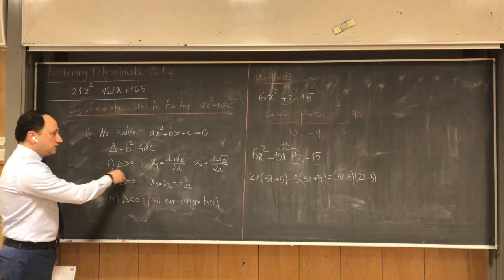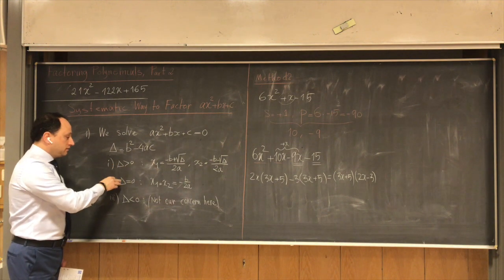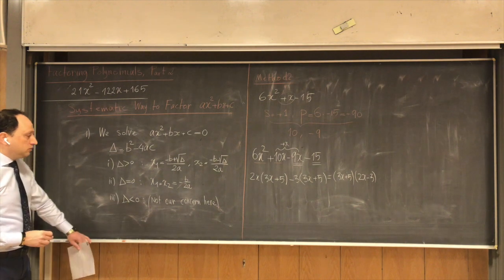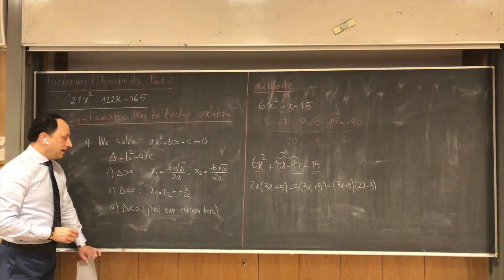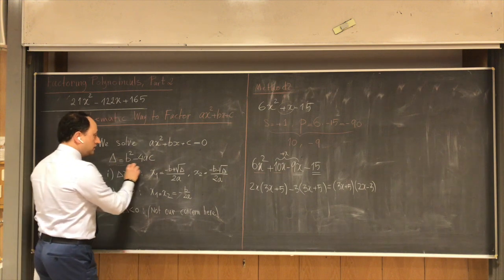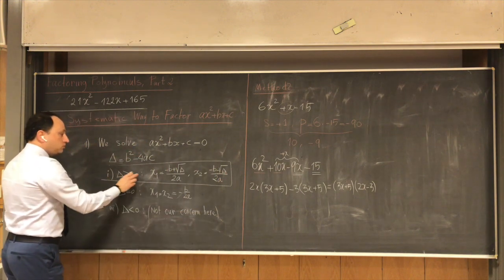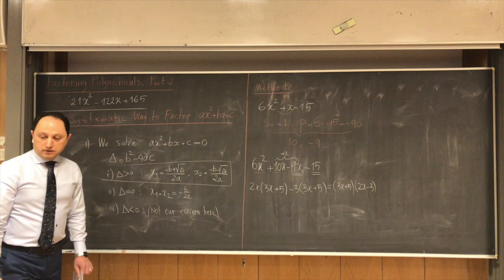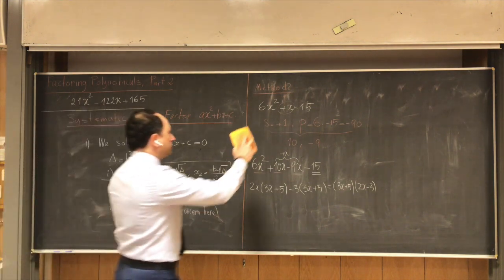Okay, so we have two scenarios: delta positive, delta negative. Let me tell you one more thing here. Let me add these two roots together to get a formula for the sum of the roots.